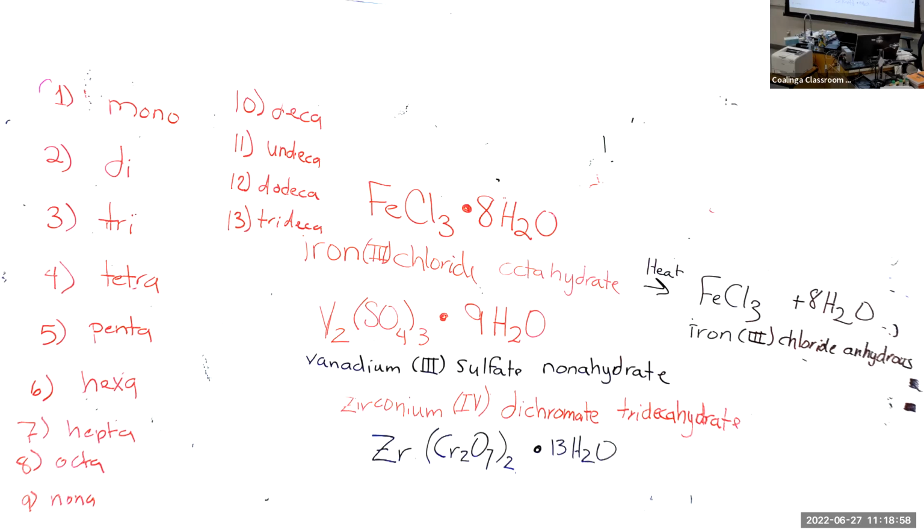Okay, so this guy here now is called iron 3 anhydrous, and anhydrous means without water. Iron 3 chloride. This one here is iron 3 chloride anhydrous, meaning that we evaporated the water out. That's why we get plus H2O.